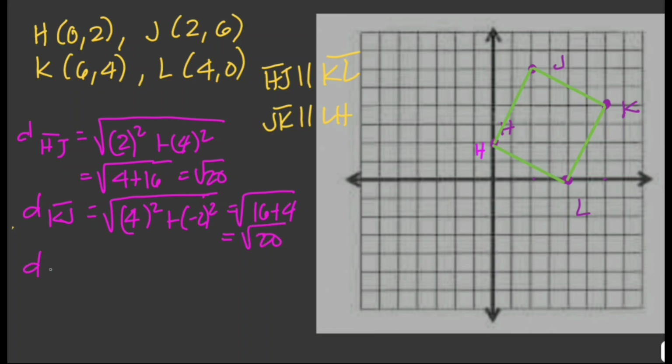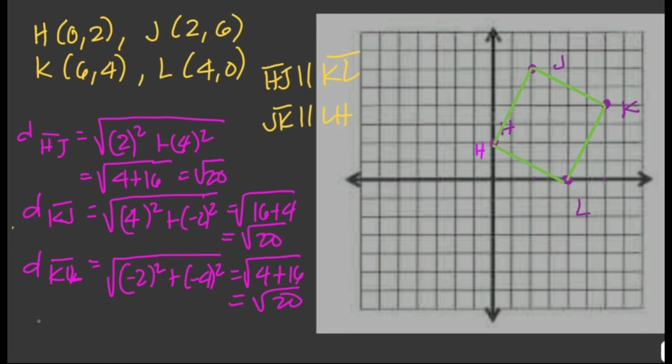And then the distance from K to L is the square root of 4 minus 6, so negative 2 squared, 0 minus 4, negative 4 squared, so this is the square root of 4 plus 16, and that is also square root of 20. And lastly, the distance from L to H, that is 4 minus 0, 4 squared, 0 minus 2, negative 2 squared, so this is just the square root of 16 plus 4, which is also equivalent to the square root of 20.